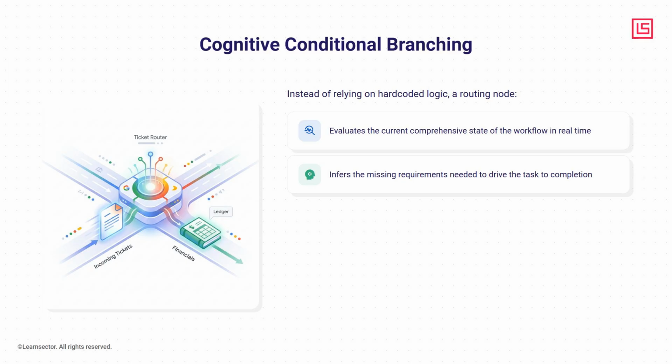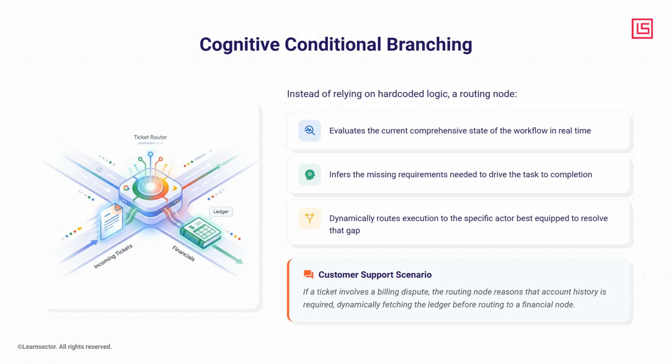Once the node understands what is missing, it dynamically routes execution to the specific actor best equipped to resolve that gap. Imagine an automation handling customer support tickets. If a ticket involves a billing dispute, the routing node reasons that account history is required, dynamically fetching the ledger before routing to a financial node. This reasoning-driven approach manages unpredictability without nested conditions.